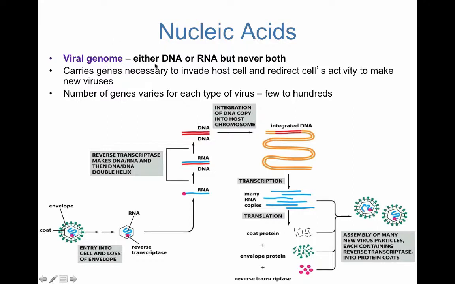Now, as far as the number of genes that you would find in a DNA and RNA virus, it varies. We'll mention details about that later in the semester, but it can be anywhere from a few to as many as 100 or more. Animal cells, the human genome, for example, has 23 to 25,000 genes.